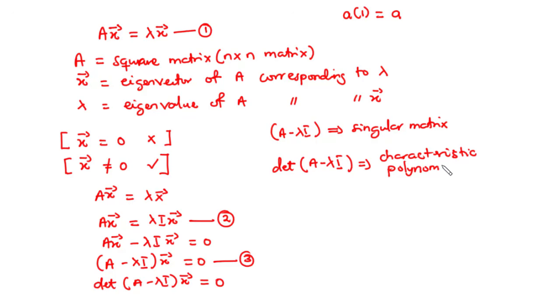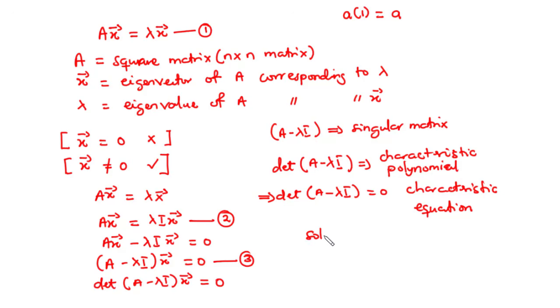The equation formed when the determinant of A minus lambda I equals 0 is called the characteristic equation, and the solutions to this equation are called the eigenvalues.